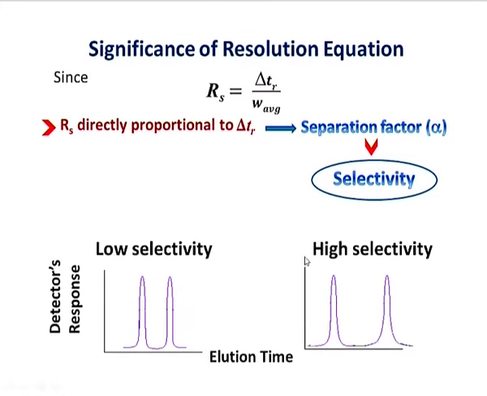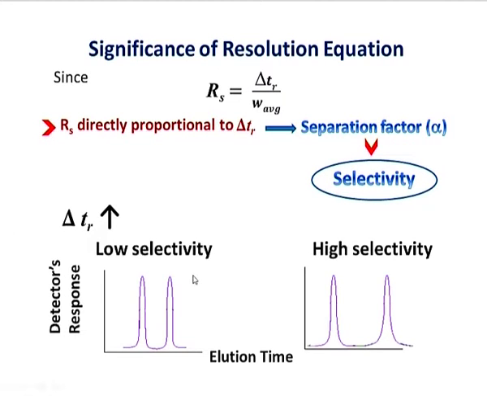In comparison, the second chromatogram seems more selective as the two peaks are quite a distance apart. So, what we really mean by selectivity is how selective your particular chromatographic experiment is towards a particular peak, and RS resolution would be directly proportional to this factor.